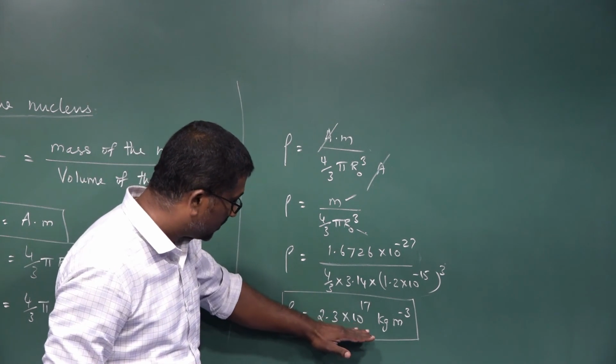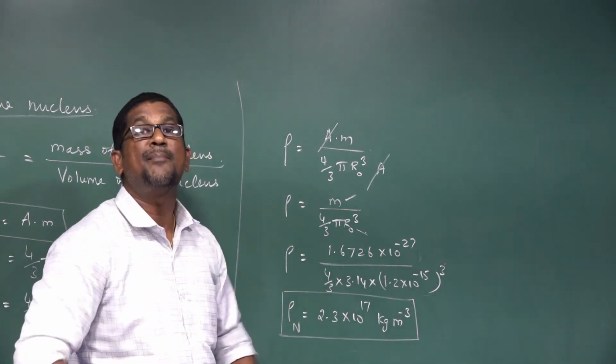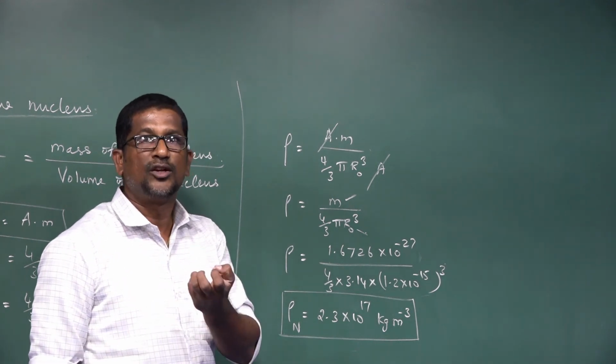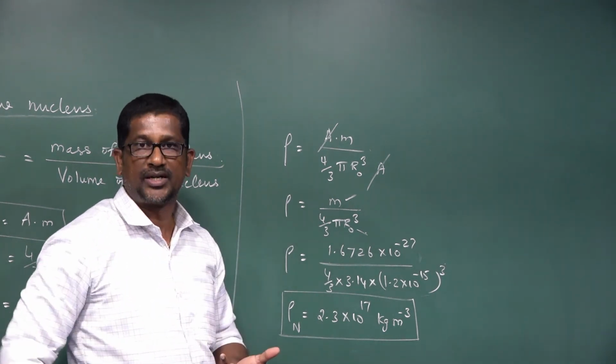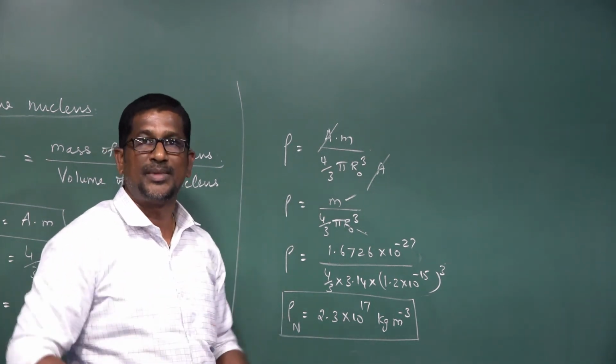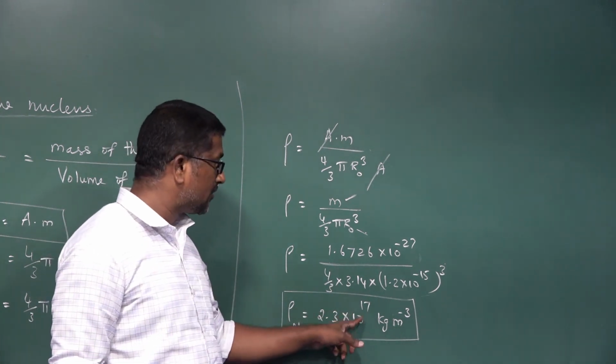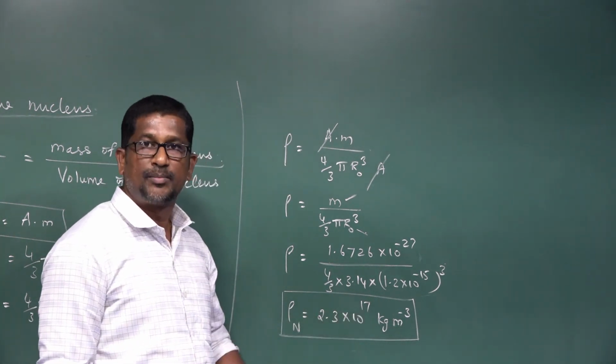Because of this high density, the nuclear matter is in a highly compressed state. Nuclear matter means the nucleons, which are tightly bound in the nucleus of the atom, because its density is very high.